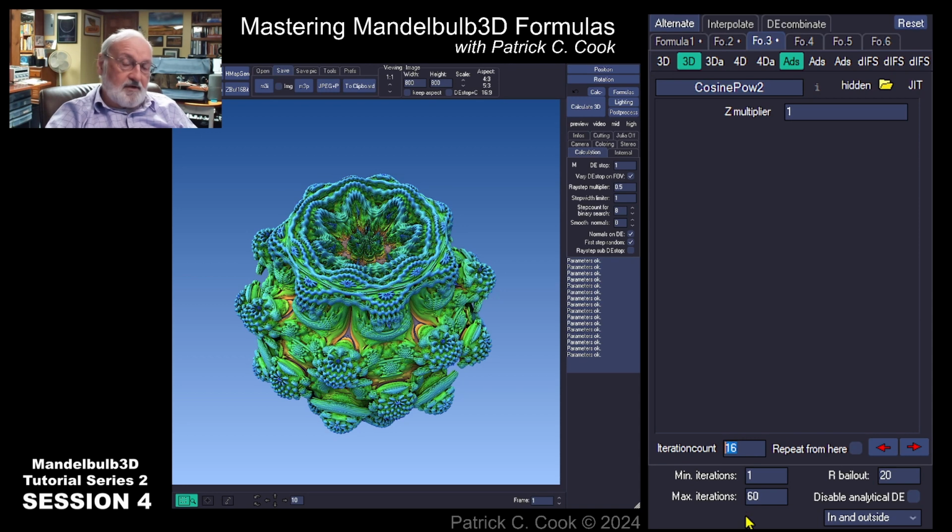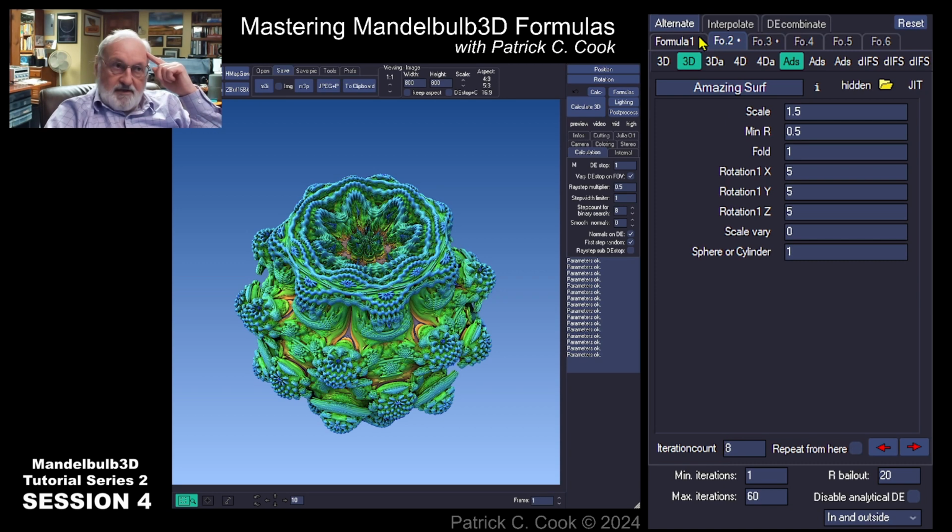As I mentioned in a previous session, these controls right here pertain to the individual formula that's currently selected, and below that, these formula operators pertain to the whole set.